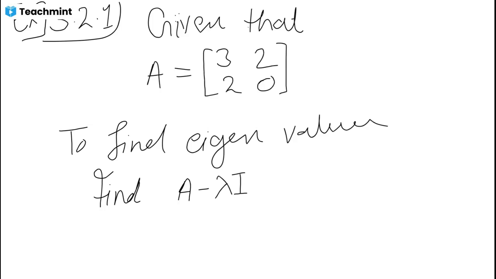Give me a moment, okay? Okay, so let us find it. And I will take I according to A, means we take the order of I according to A. So let us find it. So A minus lambda.